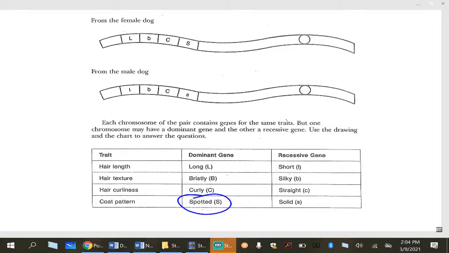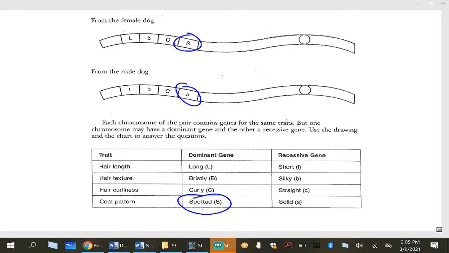There are 2 S's. What do we call the uppercase S? You're just going to say the dominant S. Does the puppy have the dominant allele? Where did he get the dominant allele from, mom or dad? Correct. That's why the puppy will have a spotted coat.